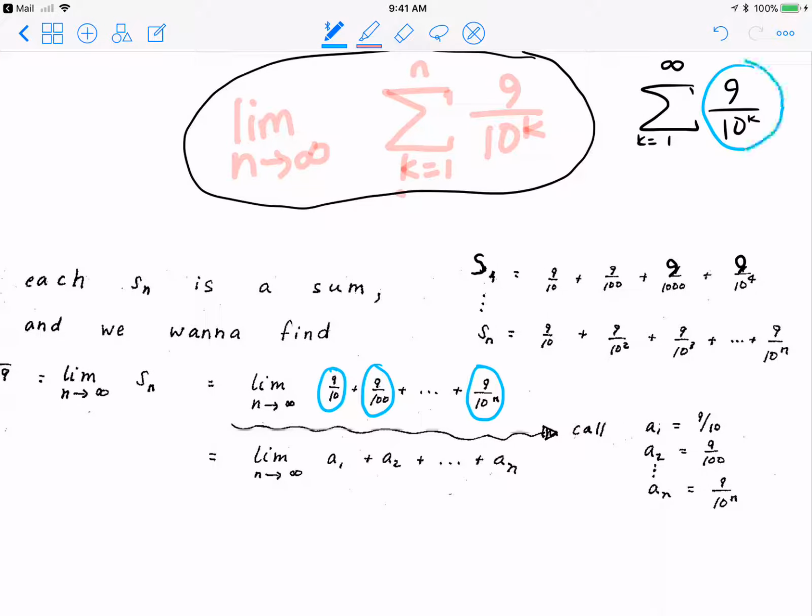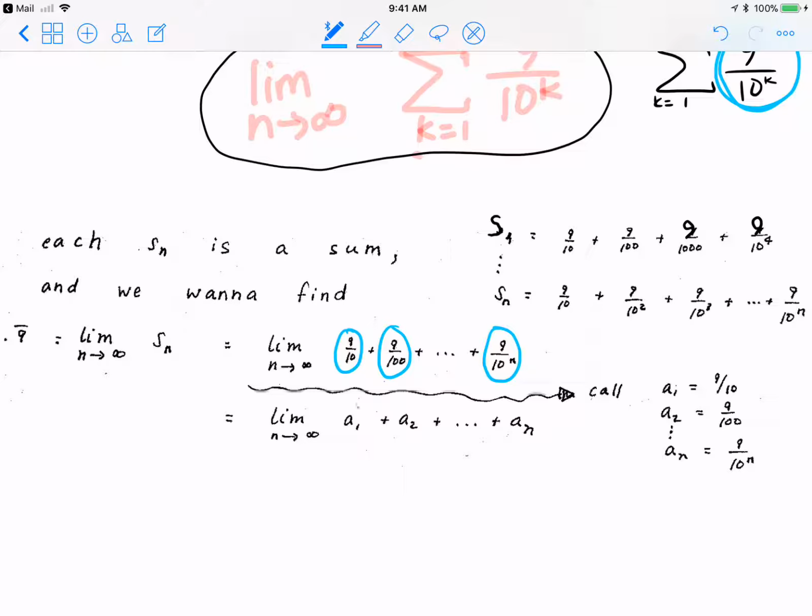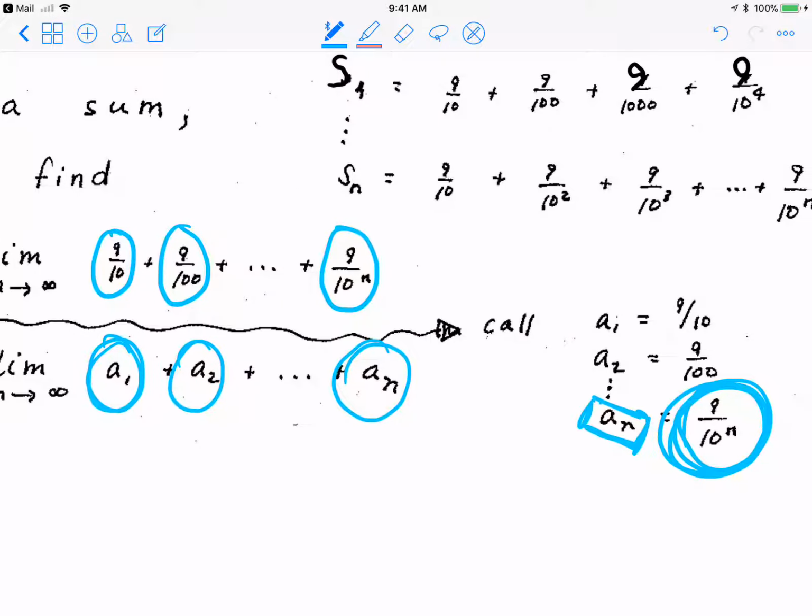That's what shows up right here. And we can rewrite this as a1 plus a2 plus and so on, and find a formula using pattern recognition for the nth term, which is going to be 9 over 10 to the n.